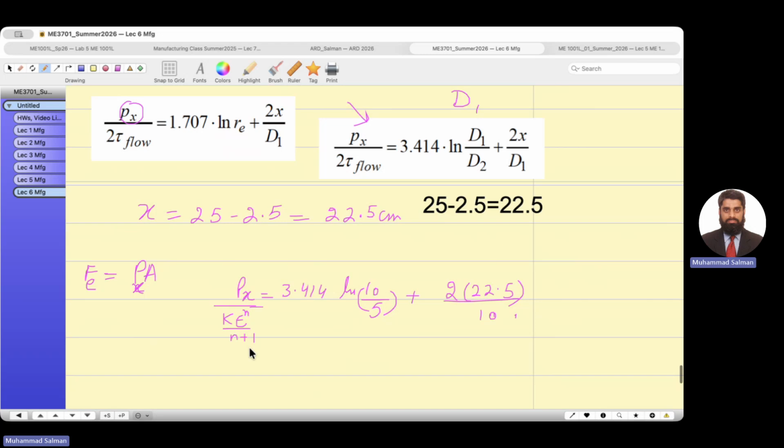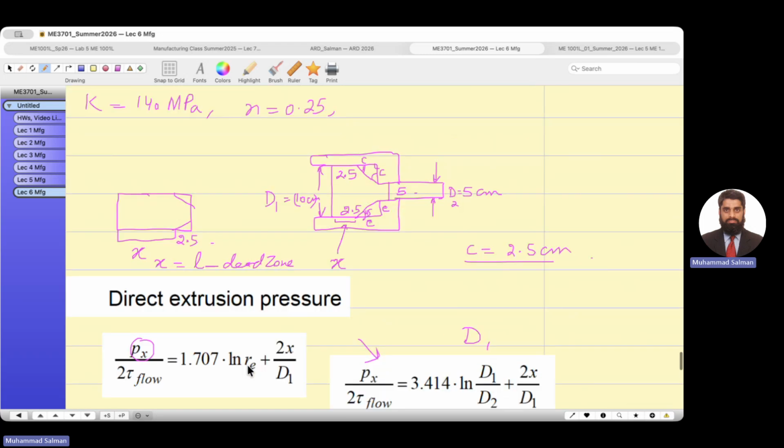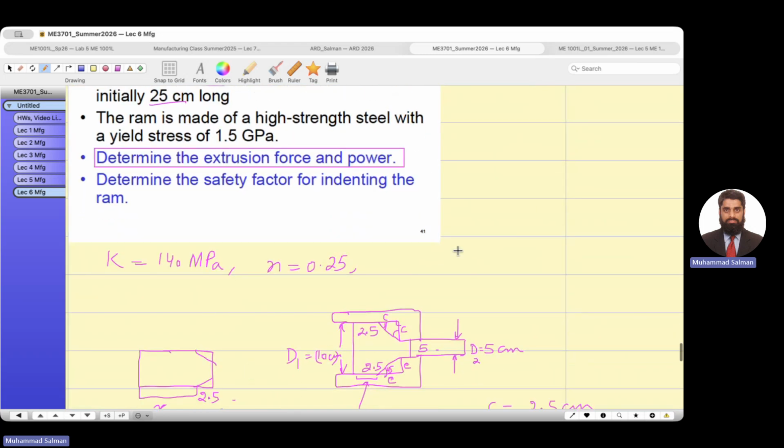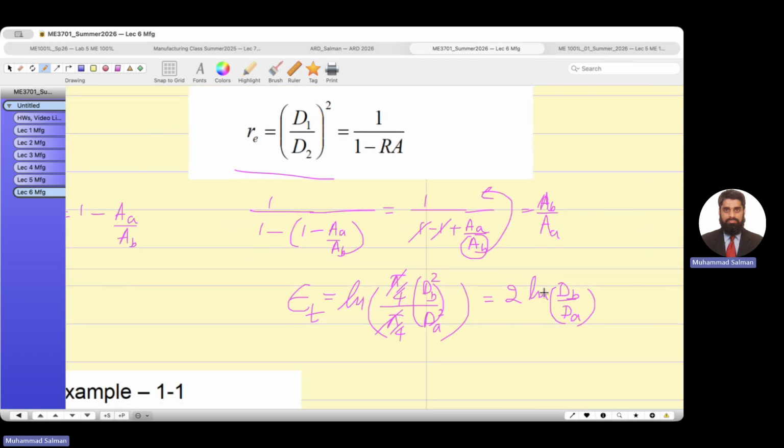Open your calculators and help me. What is my average flow stress, K epsilon to the power n? And what is my epsilon? You remember I just told you the true strain equals 2 times ln of initial diameter over final diameter. So let's plug it in.